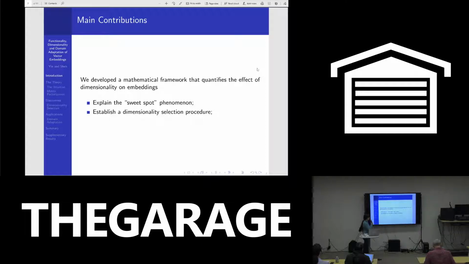We're also going to establish dimensionality selection procedures for most context-free word embedding algorithms that are very popular in academia. We are also going to quantify the robustness of those algorithms with respect to overfitting.